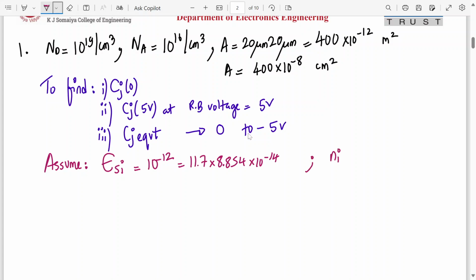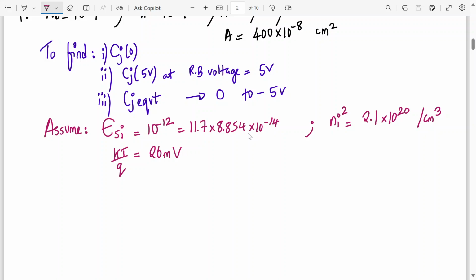Then Ni square, how much is Ni square? Anyone? 2.1 into 10 raised to 20 per centimeter cube. And what is kT by Q? 26 millivolt. Agree?